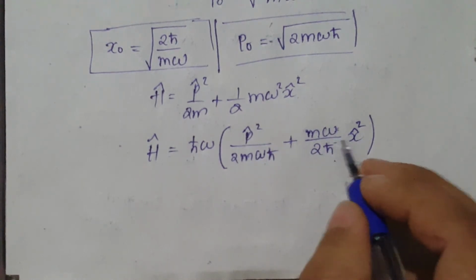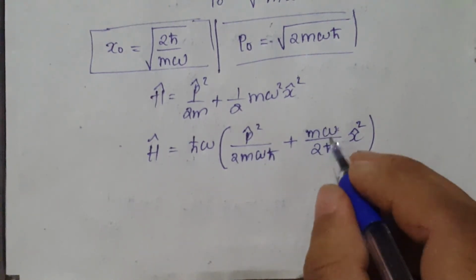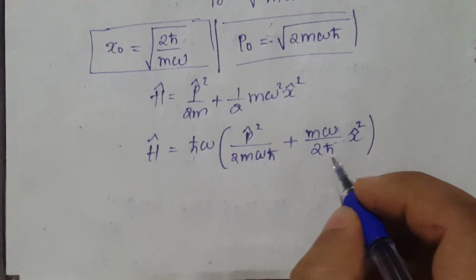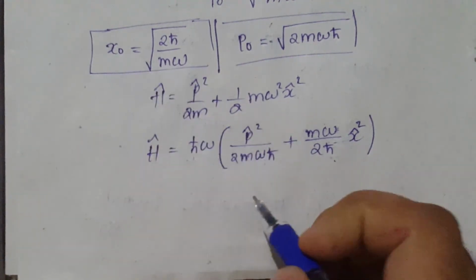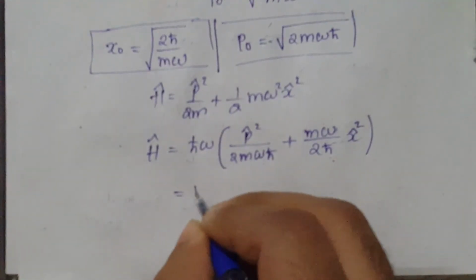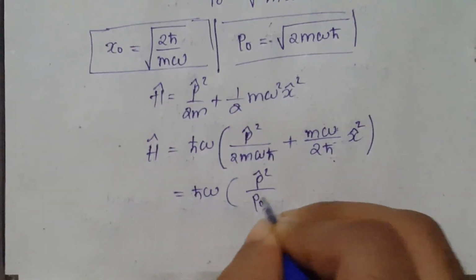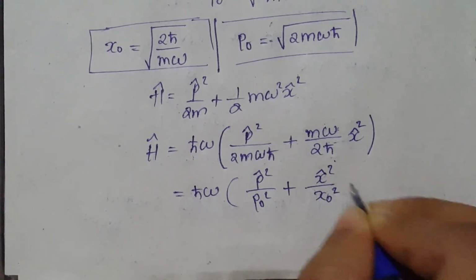This is m omega by 2 h cut, we can write it like 1 by 2 h cut by m omega. So in the denominator we have 2 h cut by m omega, which is square of x naught. So now we can write it like h cut omega times p cap square by p naught squared plus x cap squared by x naught squared.